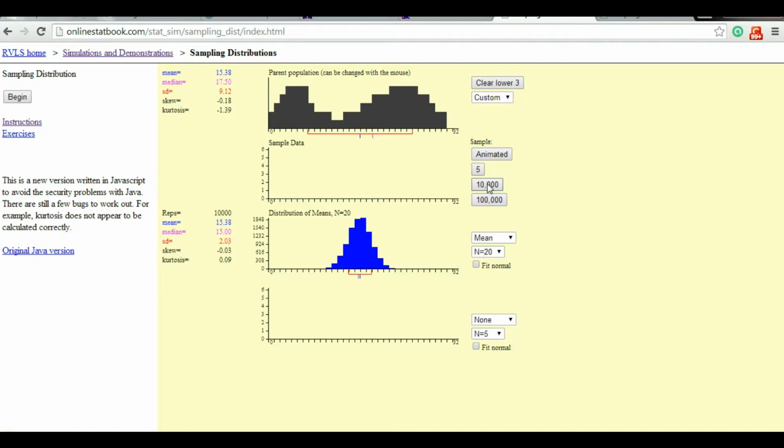Doesn't matter. It doesn't matter what that population distribution looks like, as long as we take samples that are large enough, we're going to get a sample distribution that is roughly unimodal and symmetric. That's the whole premise of the central limit theorem. That's what this is all about. We're going to be looking at the central limit theorem, and that's basically what it is.